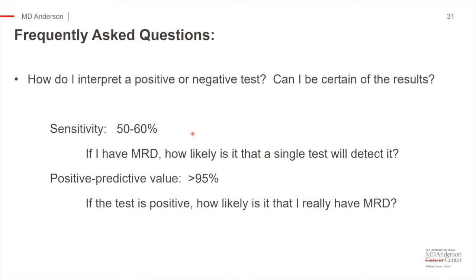It is high enough that many of us in the field think that this is appropriate to enroll onto clinical trials. The FDA and others agree. They say yes, this test is sufficiently accurate in its positive predictive value that we think it's reasonable to try cellular therapies and try something novel in this space.